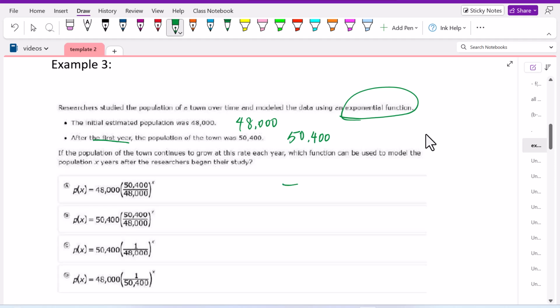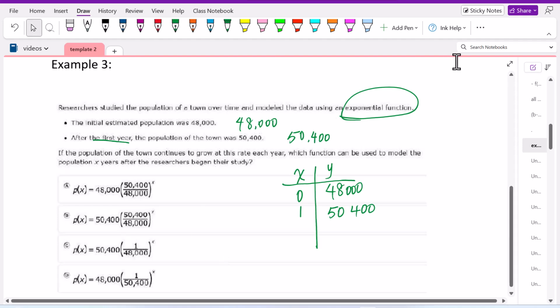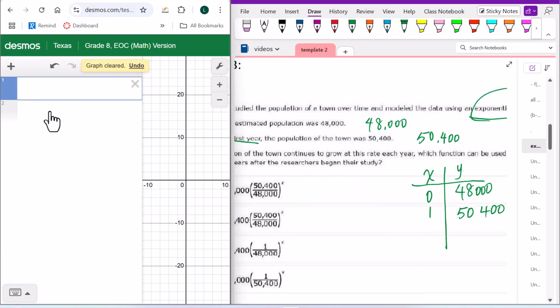Let's make a table. x, y. When x equals 0, y equals 48,000. When x equals 1, y equals 50,400. Let's go to Desmos. Delete all.